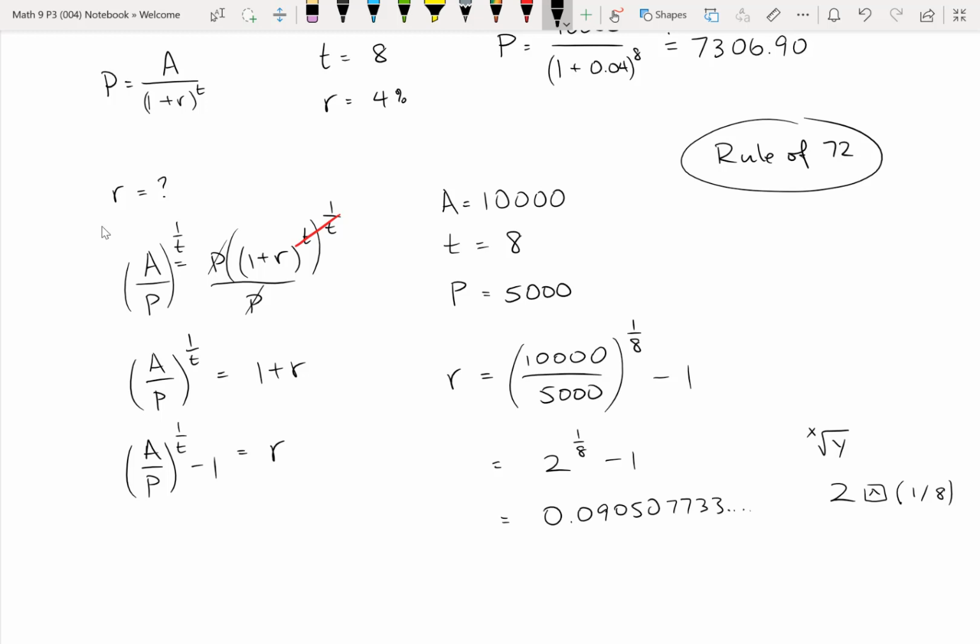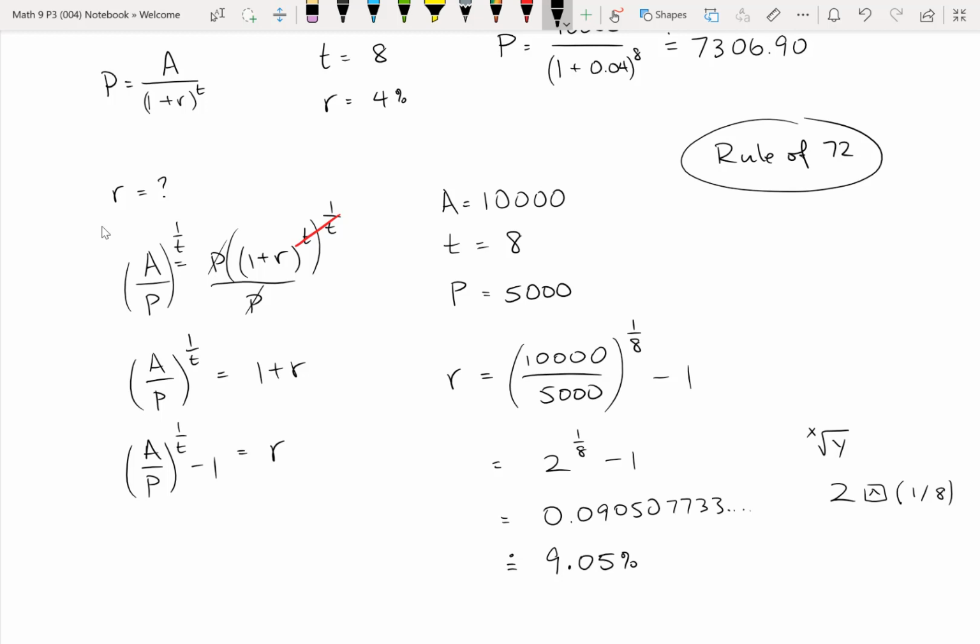In other words, if you were looking at the decimal, you'd be rounding it to 4 decimal places. If you're writing it in percentage form, you could round it to 2 decimal places, and you'd get 9.05%. We had an estimate of 9%, and we got 9.05%, which is pretty good. But that was actually kind of a best case scenario for this rule of 72.